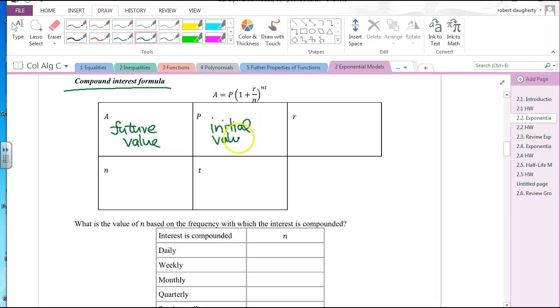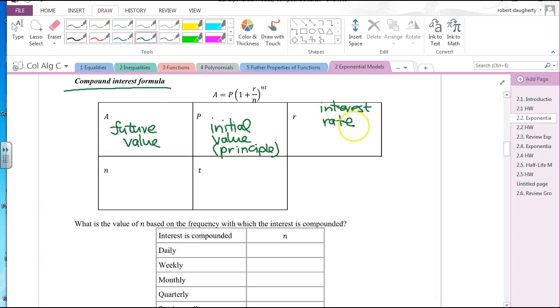Another word for initial value when I'm talking about money starts with a P. It's my principal. R means what? And you think in this case? It's the rate. So this is the rate. Basically, it's your interest rate.